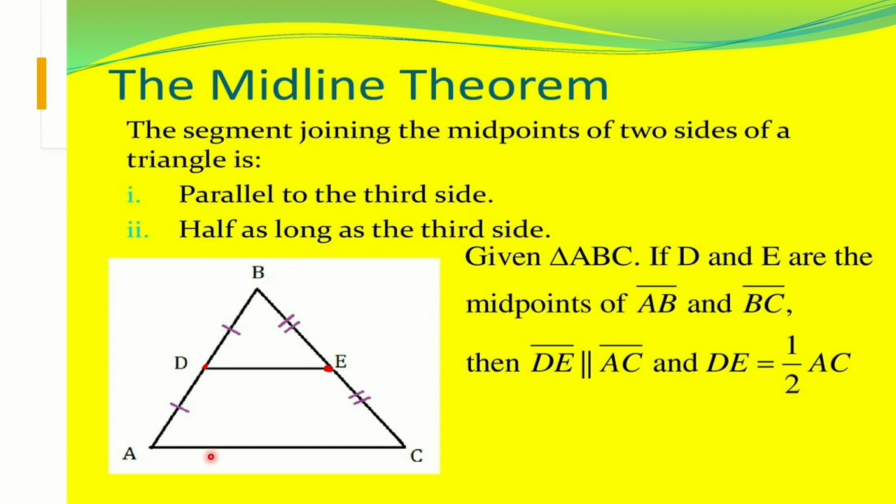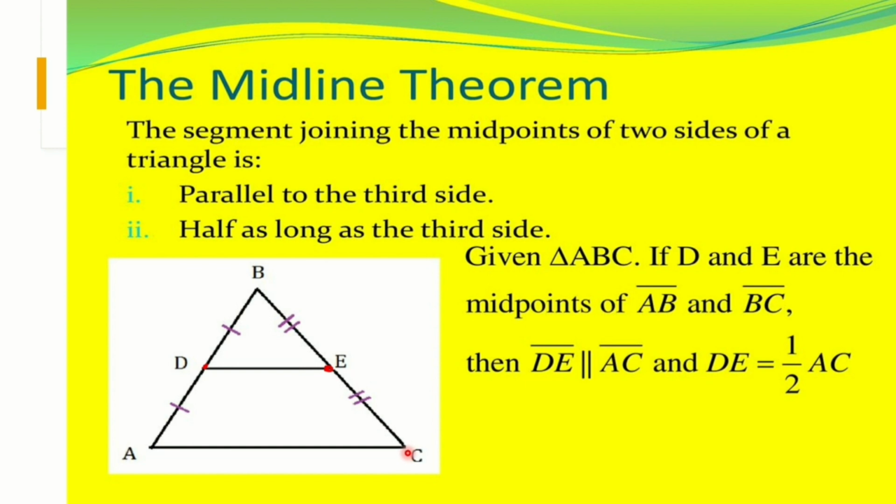So in our figure, we have a given triangle ABC. If D and E, we have point D and point E, are the midpoints of segment AB and segment BC, then, using this property, segment DE is parallel to the third side.